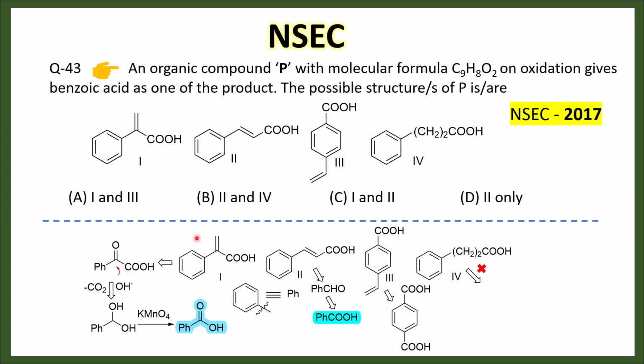This cinnamic acid on oxidation gives benzaldehyde at this double bond, and benzaldehyde is converted to benzoic acid. Now alkene 3, oxidation through this double bond can give phthalic acid, whereas in this case there is no double bond, so no oxidative cleavage. So only options 1 and 2 are correct.